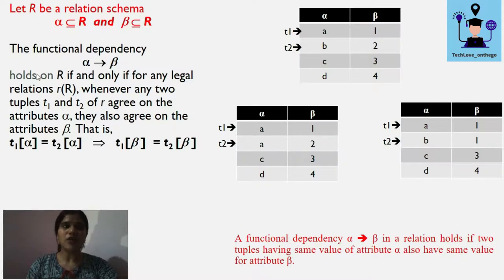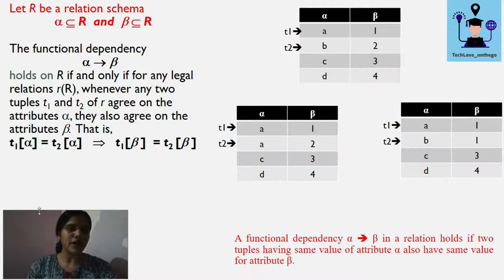So this only holds on the relation schema R if and only if for any legal relation small r, whenever any two tuples T1 and T2 in r agree on the attribute alpha, they also agree on the attribute beta. That means if two tuples have similar values for alpha, then they always give similar values for beta, which you can consider with this example.